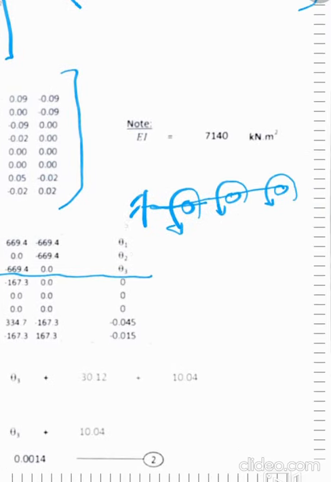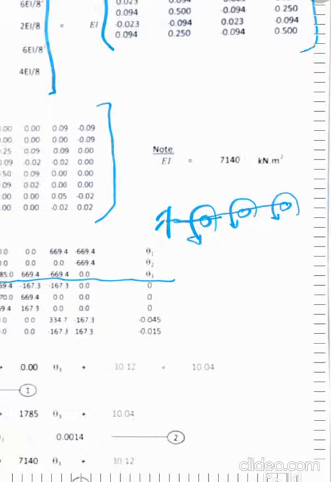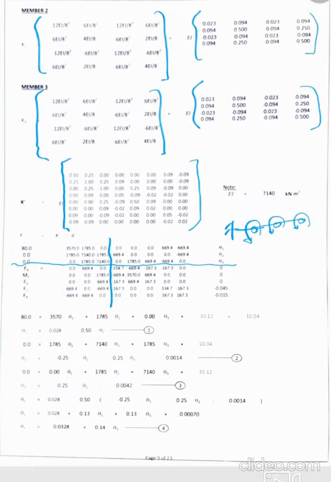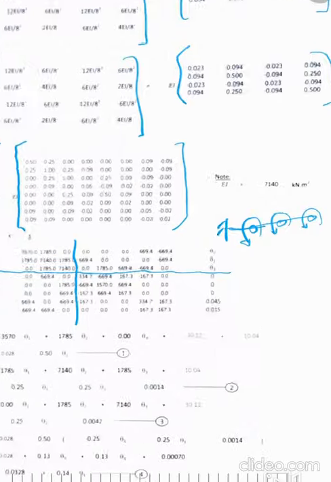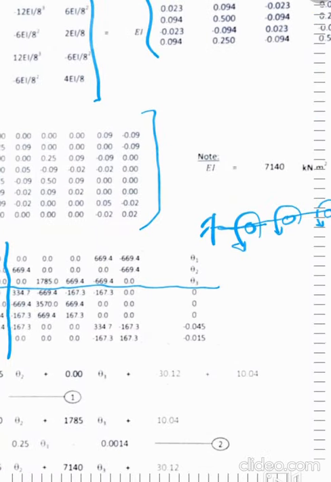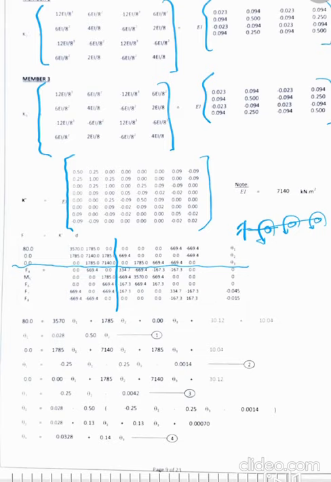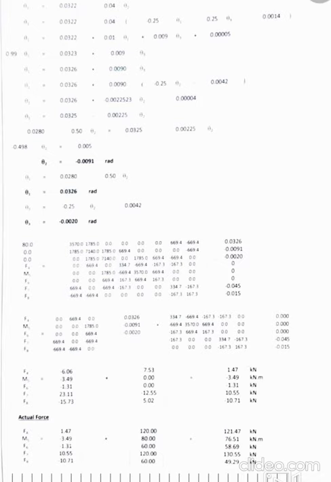I wrote theta 1, theta 2, theta 3, not d1, because we talk about moment. If we have a force or a vertical force, that is denoted by small d. Then find theta 1, theta 2 and theta 3 by equation, calculator or Excel. You will get theta 1, theta 3 and theta 2.